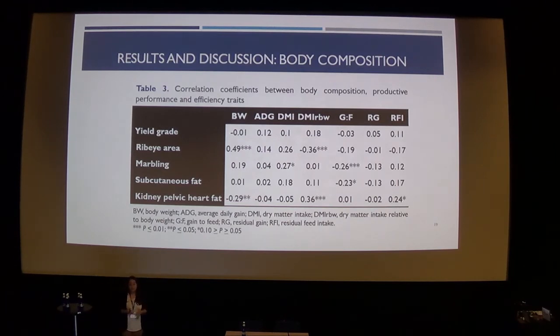But now, surprisingly, we had no differences when we look at residual gain and residual feed intake. And to some extent, those results follow the previous literature, but they also are in contrast to some of the literature, which proposes that efficient animals might deposit a higher percentage of lean tissue in comparison to fat, which shows the importance of body composition in the context of feed efficiency.